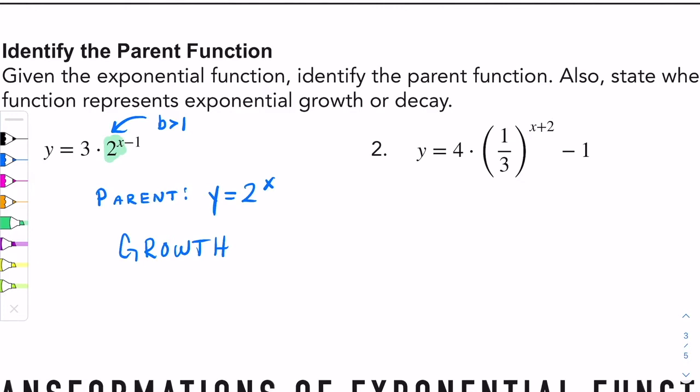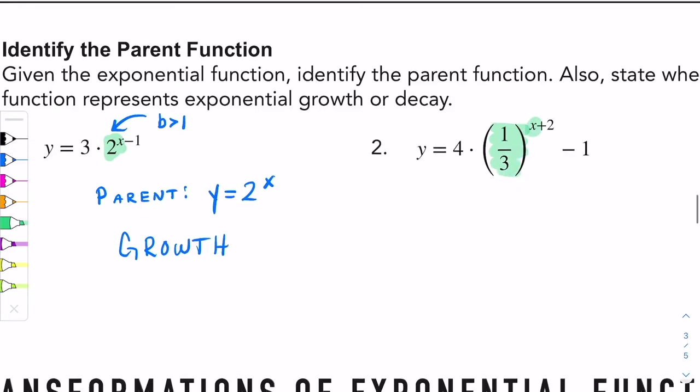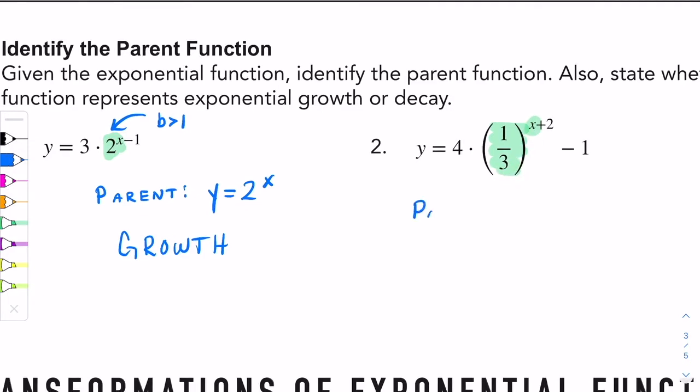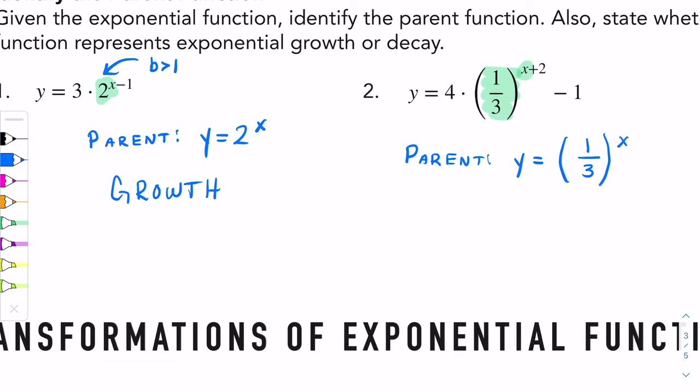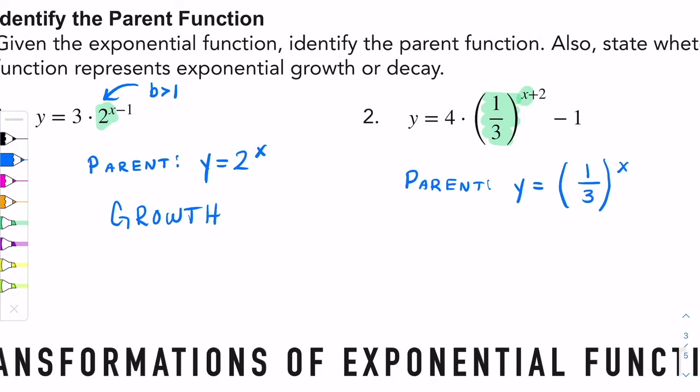Number 2, 4 times 1/3 raised to the power of x plus 2 minus 1. We have a lot of stuff going on here. B is 1/3. 1/3 raised to the power of x is your parent function. Okay, if we were asked if this is growth or decay, you have to make sure it meets the criteria. Is A greater than 0 right here?